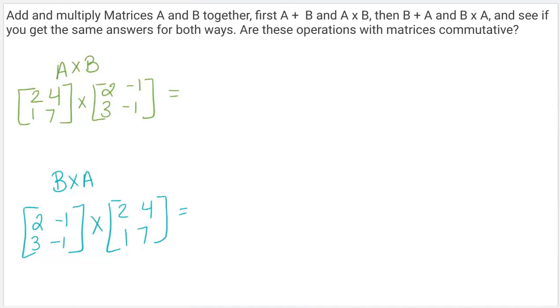So now let's explore if matrices are commutative under multiplication using this example. In order to multiply matrices, we would look at each row and each column and add them. So if we were to multiply A times B, for our first number, we would get 2 times 2, which is 4, plus 4 times negative 1, which is negative 4.